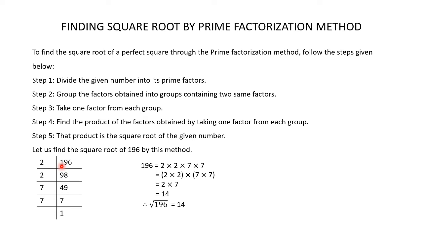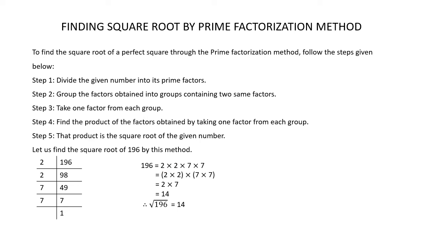First, you have to divide the given number into its prime factors. So 196 is divided continuously till you get 1 as the last quotient. So the prime factors of 196 are 2, 2, 7 and 7. So 196 can be written as 2 multiplied by 2 multiplied by 7 multiplied by 7. Now you group these factors into groups containing two same factors.